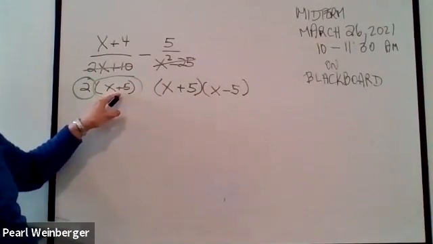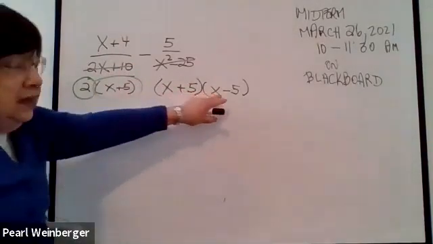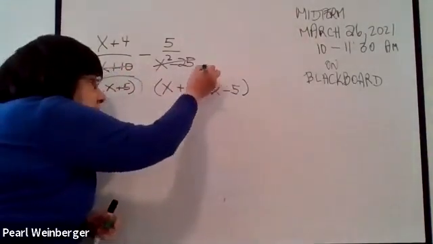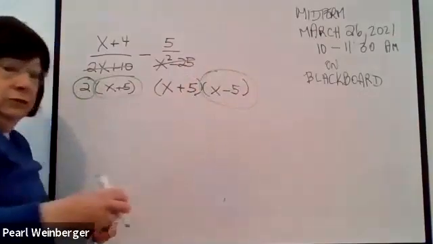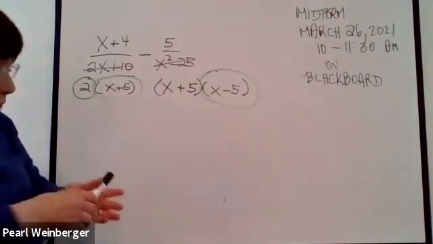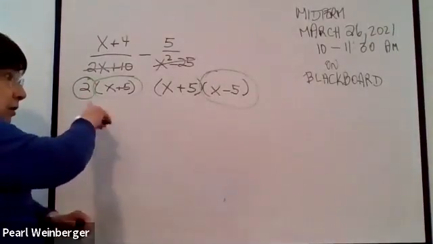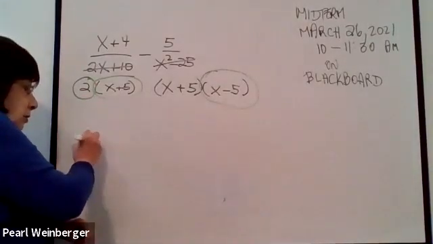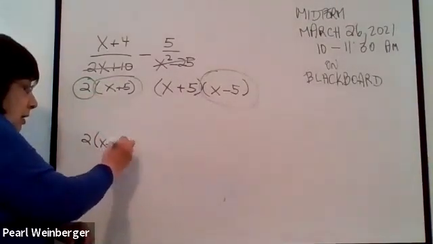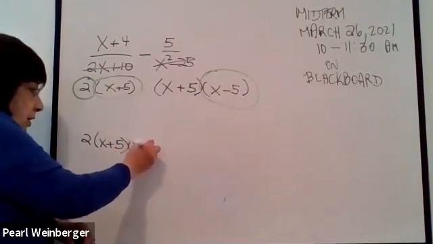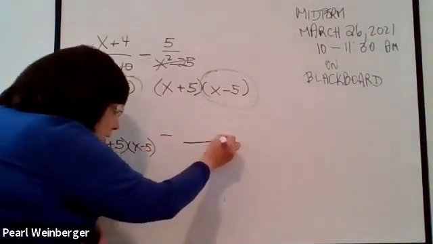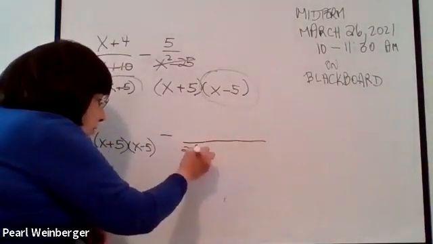I don't have to circle it again. The second thing I see is an x minus 5. I don't have an x minus 5 circled, so I have to circle that. Which means my common denominator, I just write all the things that I circled: the 2, the x plus 5, and the x minus 5. That's my common denominator.